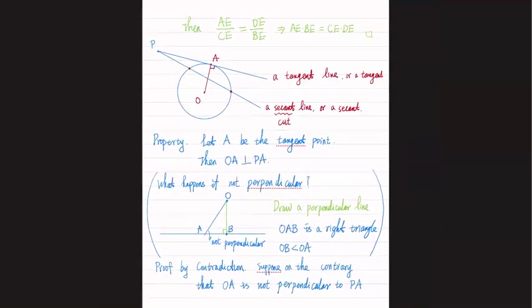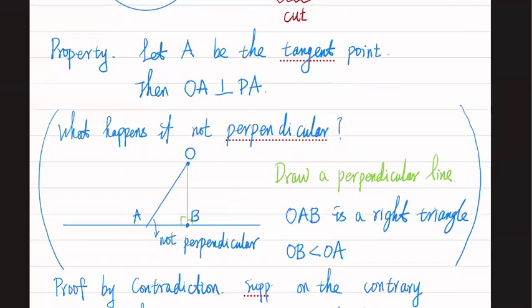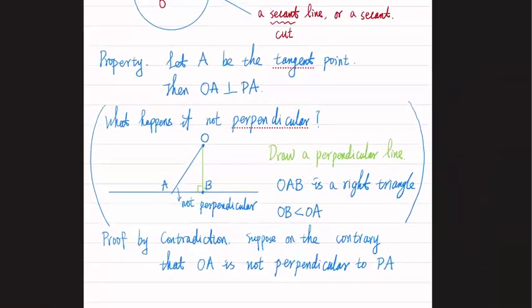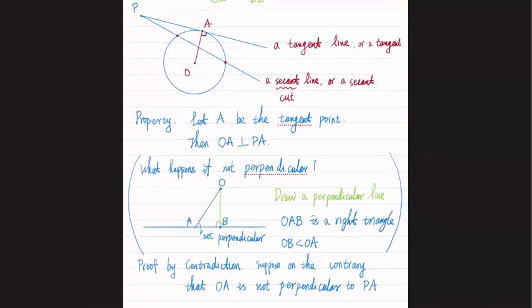Okay, so this is a proof by contradiction. We wanted to prove that OA is perpendicular to AP or PA. We suppose, on the contrary, that it's not perpendicular.